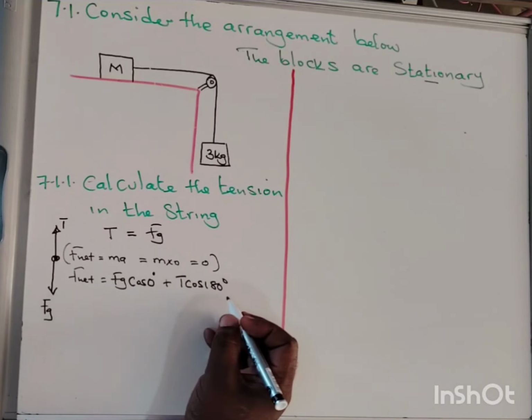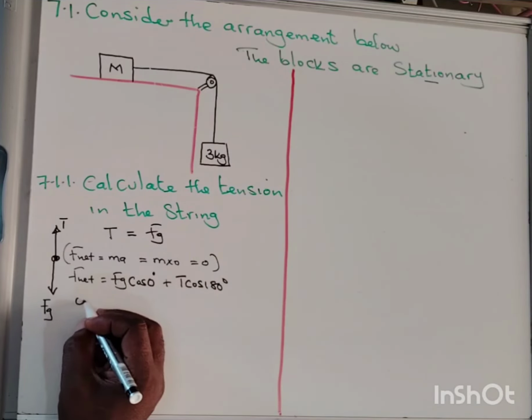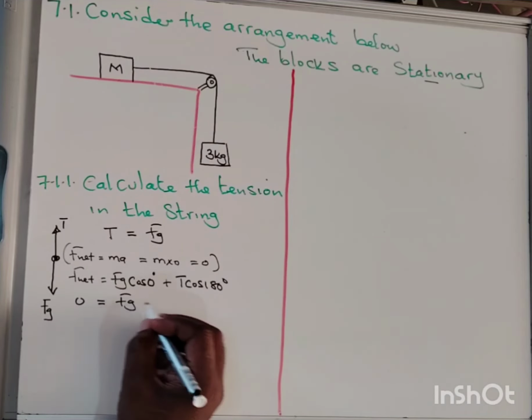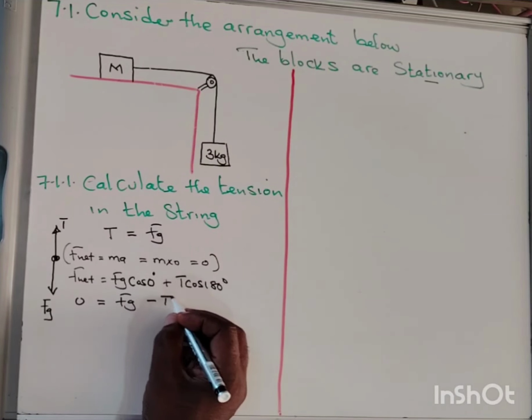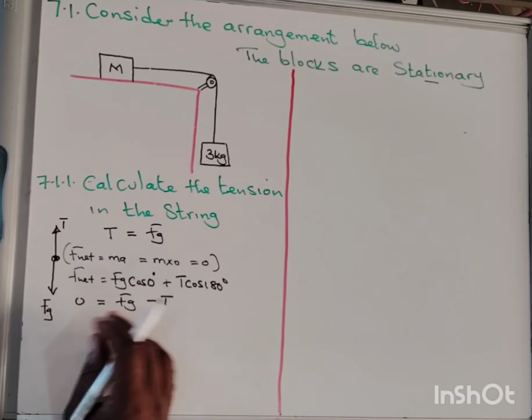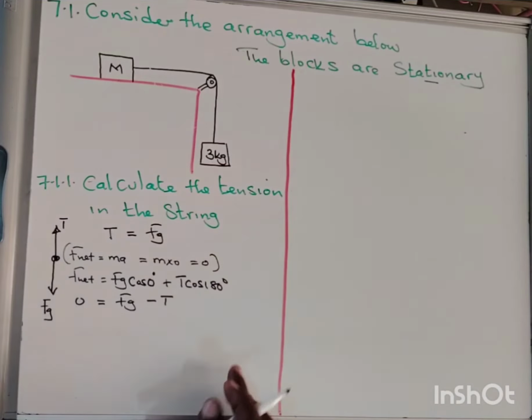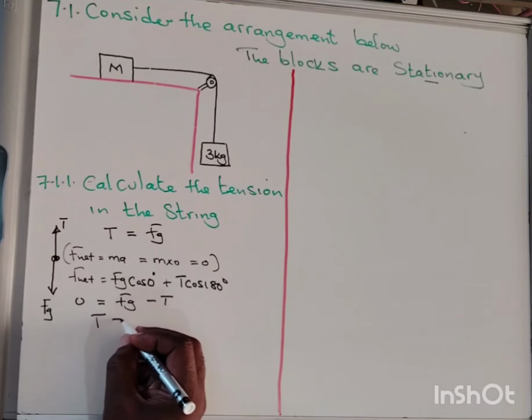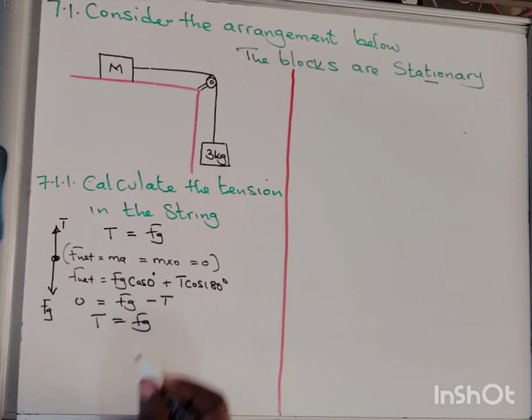From here, we can bring our 0 and put it here because that's the F net, and we say 0 equals Fg minus T. When you rearrange this, it goes back to the same equation above, which says T is equal to Fg. So the choice is yours here.